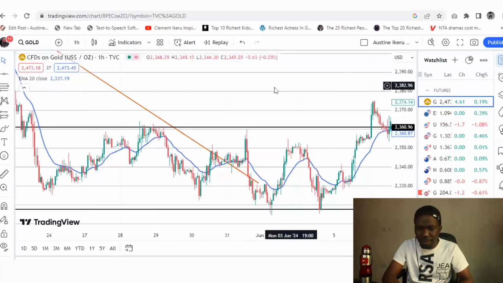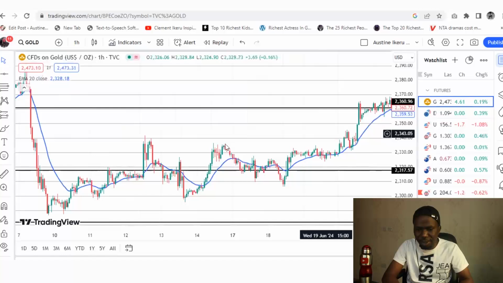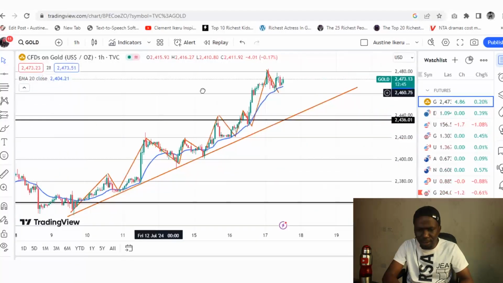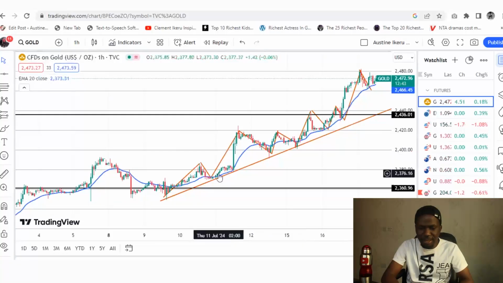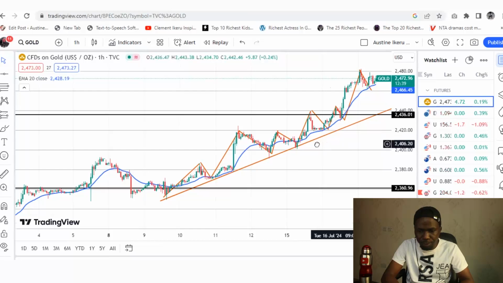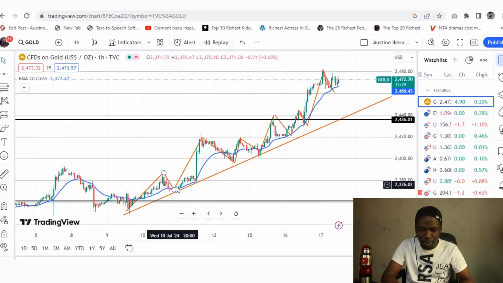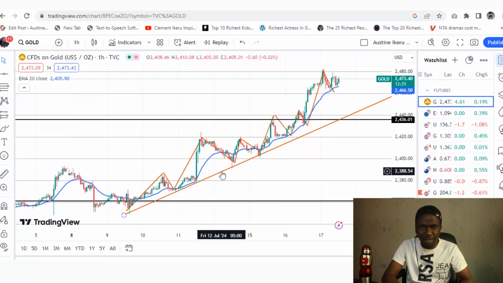But if you come to this side where the market is heavily trending up, you can clearly see that the market is going up. In this scenario, the moving average is also acting as a dynamic support level because the market is going up. Each time the price goes below the moving average, it tends to receive support from the trend line.